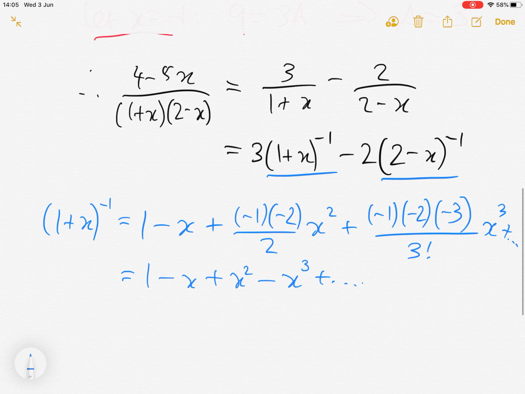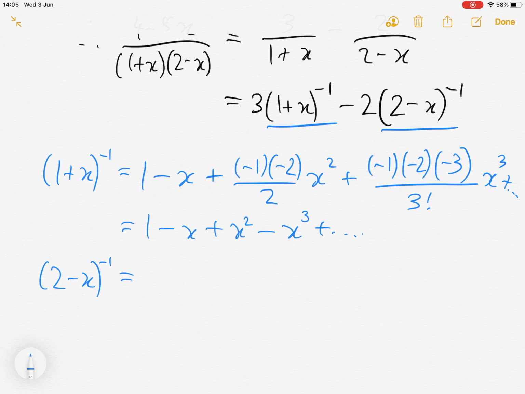And now we'll do 2 minus x to the minus 1. We have to be careful this time because we've got a 2. So the first thing we need to do is take the 2 outside. So we're going to have 2 to the minus 1 times 1 minus a half x to the minus 1. And now in the binomial theorem, everywhere in place of x, we're going to replace it with minus x over 2. So 2 to the minus 1, that's a half.